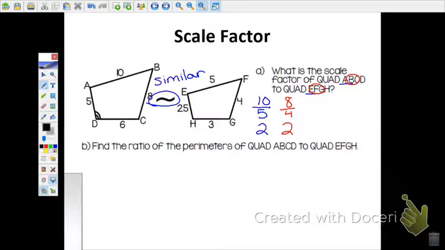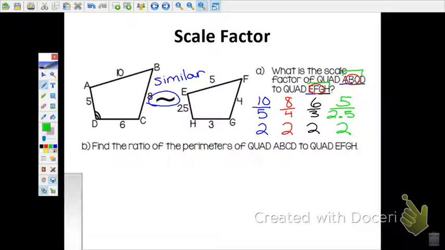If I took the last two, C and D, CD is 6, GH is 3, 6 over 3 simplifies to 2. If I took the first and last, AD is 5, would match up with EH, which is 2.5, which simplifies to 2.